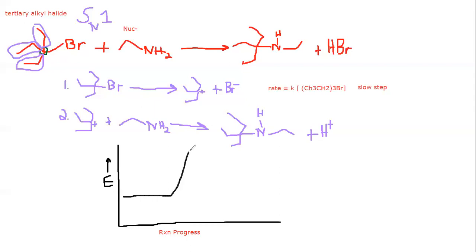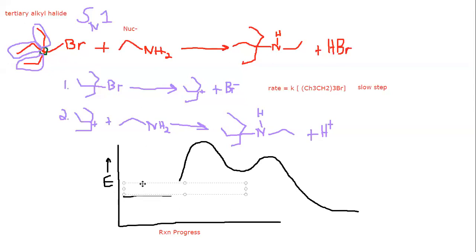The first step is the rate determining step. It's going to have the highest activation energy. Then we form our reaction intermediate. We have step number two, and then we form our products. Again, this is going to be an exothermic process. So we have our reactants.